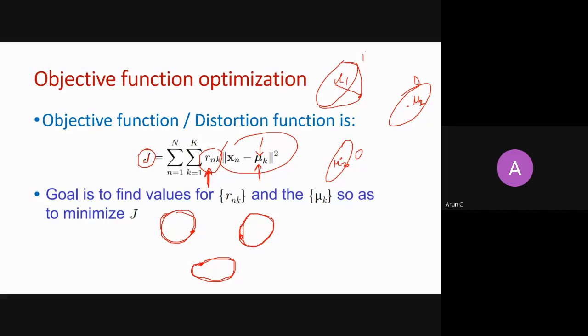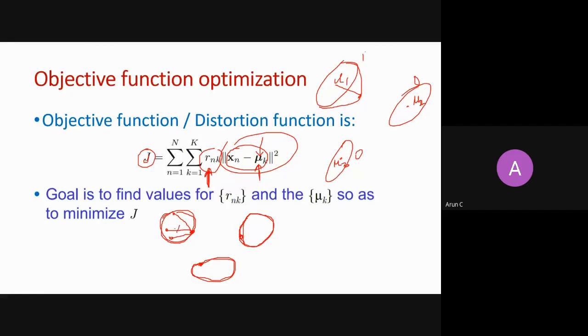Now you want to minimize over mu k. So you say that if you put mu k here, then it is a problem, because the cost function says the distance of xn from mu k. If you take the distance of every x from this mu k, it is a very large distance.